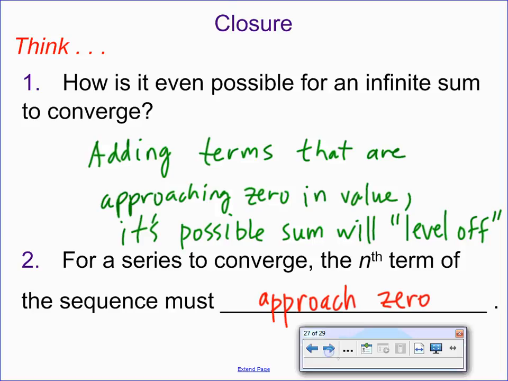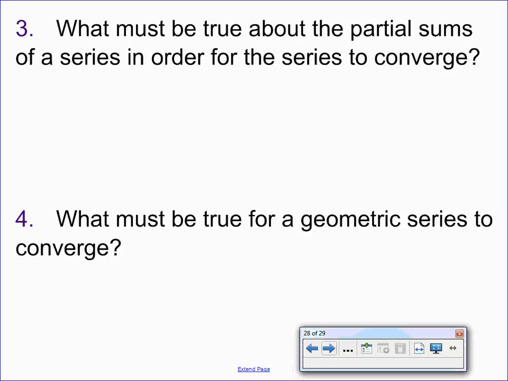What must be true about the partial sums of a series in order for the series to converge? What has to be true about the partial sums? Vivian? They have to approach a constant. They have to approach a constant, so the limit of the partial sums has to exist. It has to approach some constant.